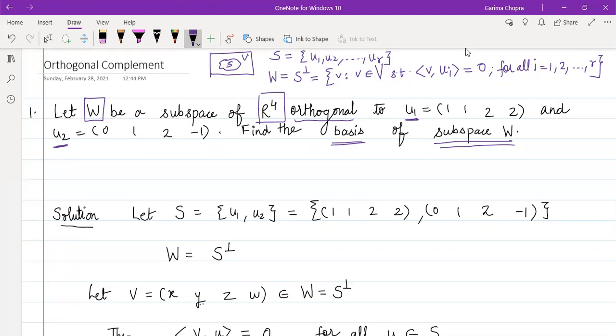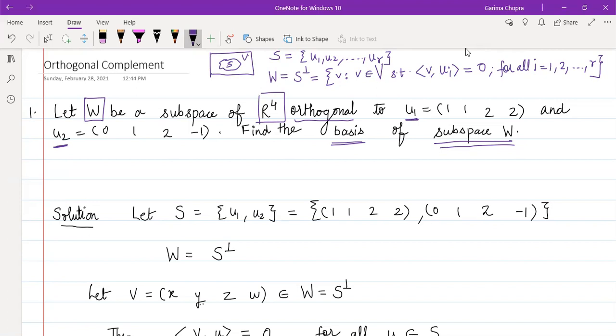So we are talking here about the same W, and here the subset S has two vectors, U1 and U2. For finding the basis of the subspace W, firstly we will find the form of this subspace W, what the arbitrary vector of the subspace W will look like.